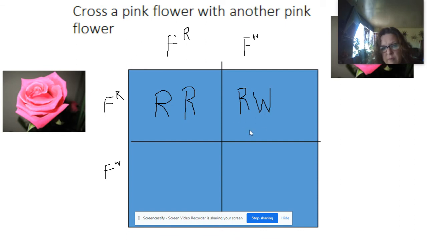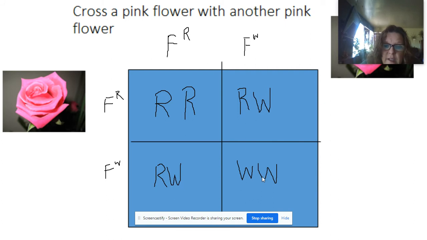So that one is going to be pink. Now what about this one? It's going to get an R from this parent and a white from that parent. So that one's going to be pink as well. And now, ta-da, this one's getting a W from each parent.